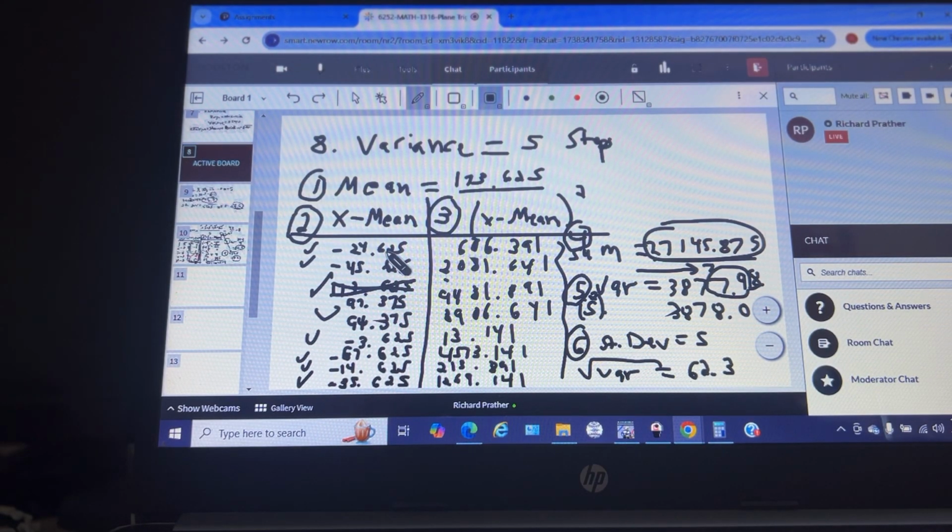Then I did each number minus the mean, and they were all messy decimals. Squared them all, more messy decimals, added all that up, and then I divided by 7. And it came out to 3878.0 if you round to the nearest tenth, because it was actually 7.9, and then there was an 8 after that. And then the square root of that was 62.3.